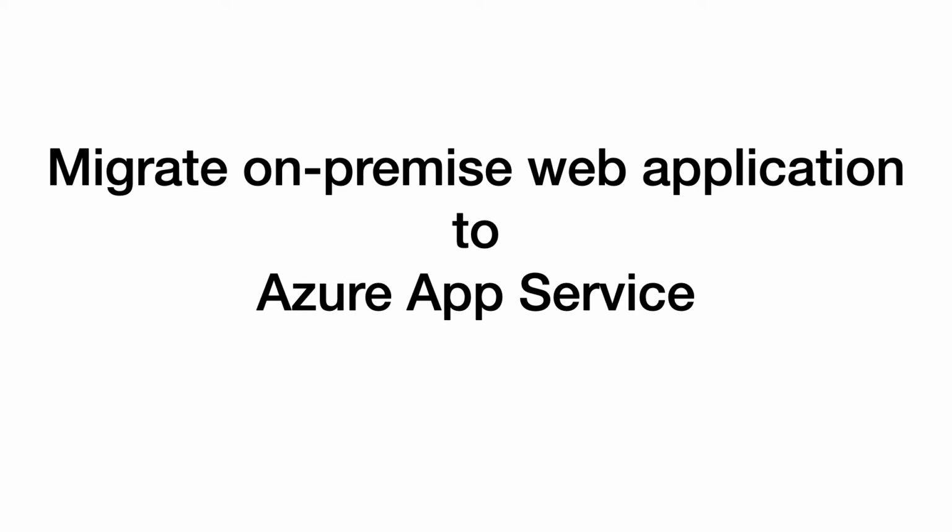In this video, I will show you how we can migrate an on-premise ASP.NET application to Azure App Service using the Azure App Service Migration Assistant tool. For this video, you should have some knowledge of virtual machines, Windows Server and IIS. So let's start.